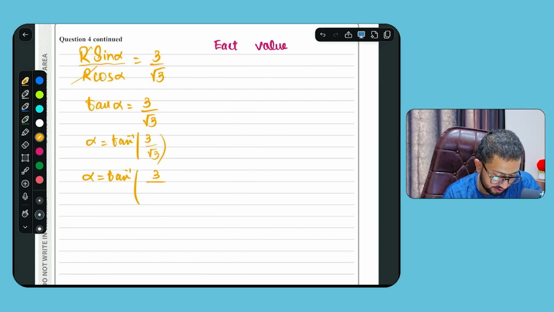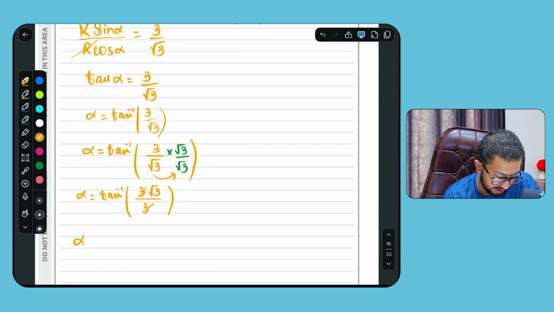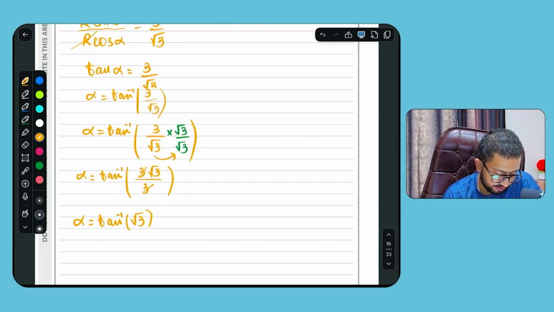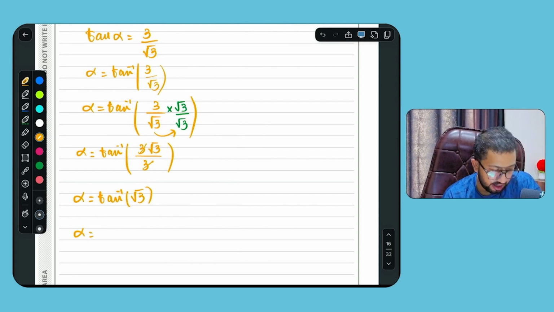But everyone knows from P1 first chapter I can rationalize. So what will it become? 3 square root 3; when square root 3 is multiplied with square root 3, you will get 3, so cancel out, and the answer will become square root 3.